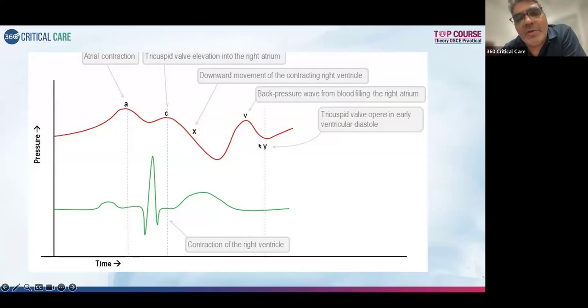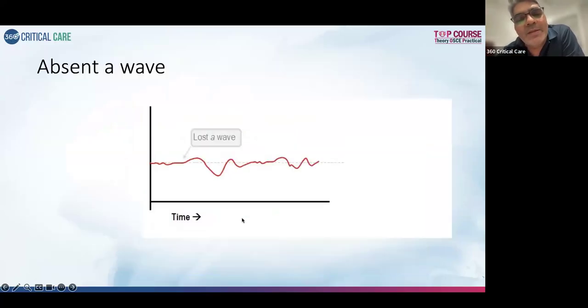It is important to know because abnormalities, particularly in the X and Y descent, will represent what type of abnormality the patient has. First of all, loss of A wave can happen in atrial fibrillation or flutter, where we will not have any A waves. But sometimes that can also lead to another abnormality called Canon A waves.